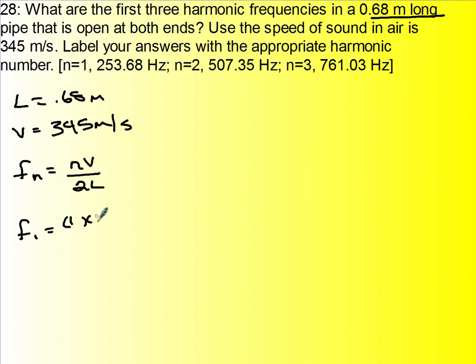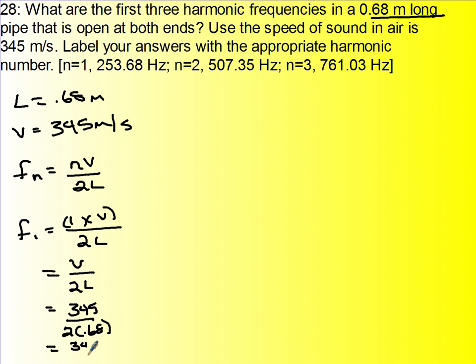F1 is 1V over 2L. So it's just 1 times V is just V. So it's V over 2L. You don't have to do these tiny steps here. So it's 345 divided by 2 times 0.68. Now you need to multiply your numerator straight across first. So this is 345.